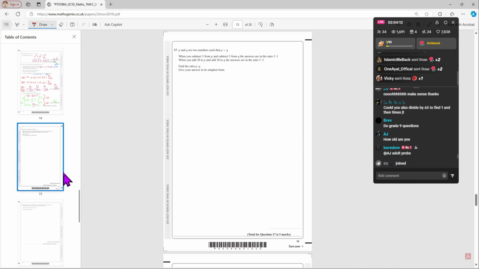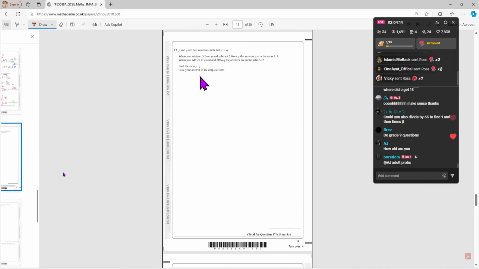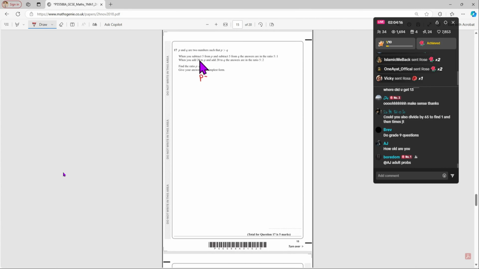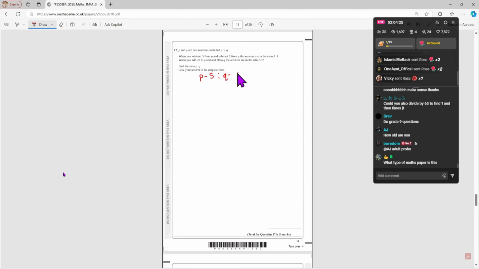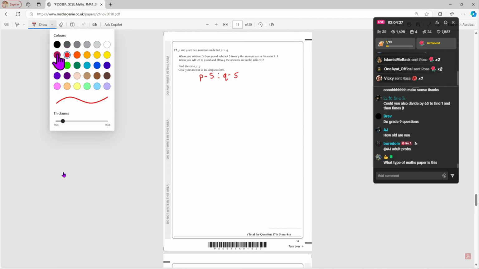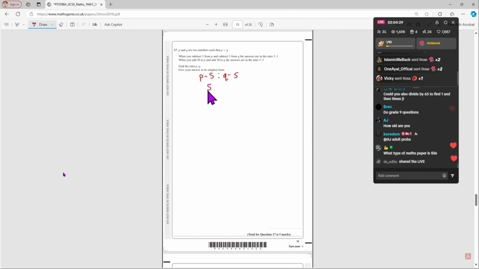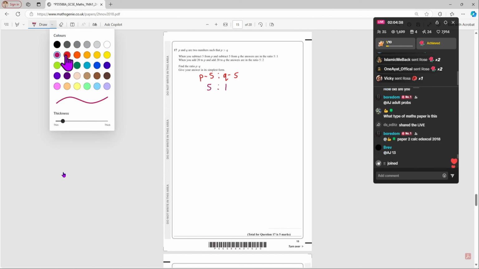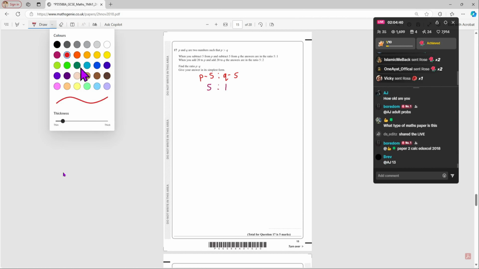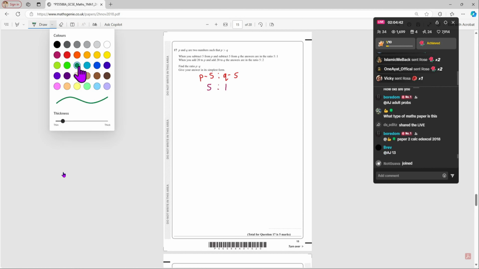So we know that if we do P minus 5 to the ratio of Q minus 5, that is going to be the ratio 5 to 1. Now, once you have done that, we are going to write this as an equation.